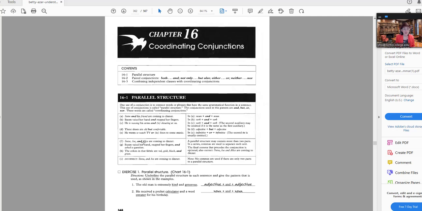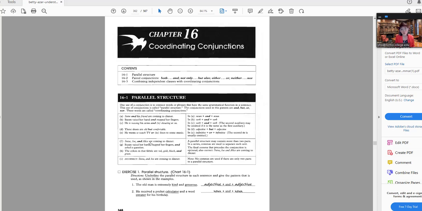Steve, Joe, and Alice are coming to dinner. Susan raised her hand, snapped her fingers, and asked a question. Here you have simple past and simple past, so you have verb tense consistency. Here you have noun and noun. Steve is a noun, Joe is a noun, Alice is a noun. So noun, noun, and noun.